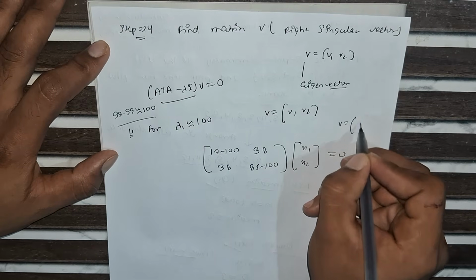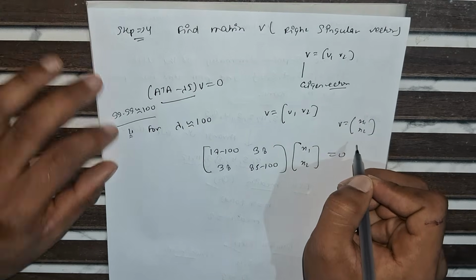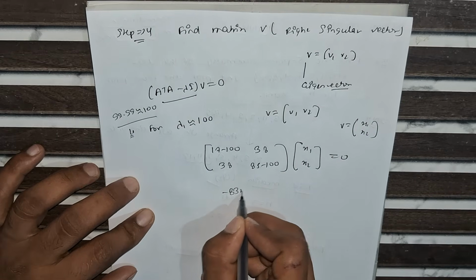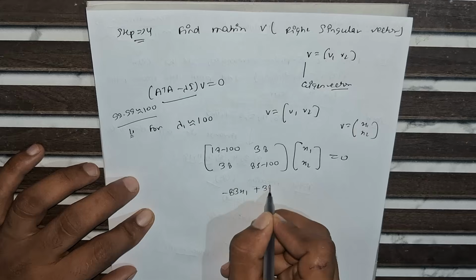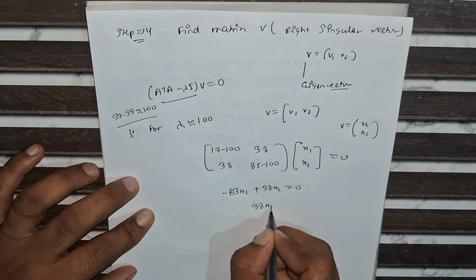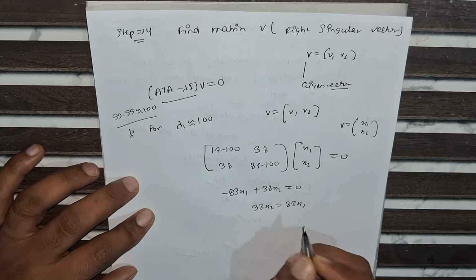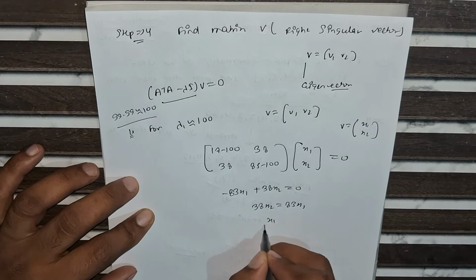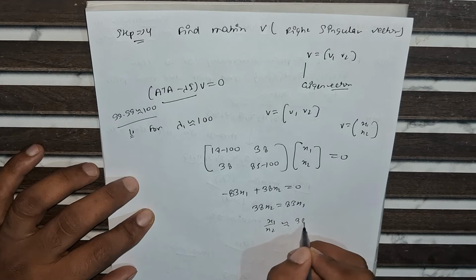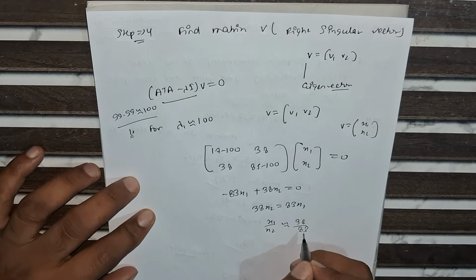So V1 here, x1 comma x2, this is our eigenvector. So now solve this equation. So minus 83x1 plus 38x2 equals 0. So 38x2 equals 83x1. So x1 by x2 is nearly equal to 38 by 83.